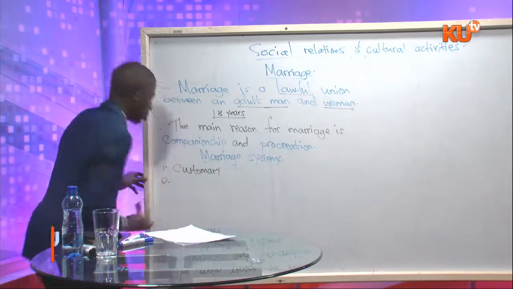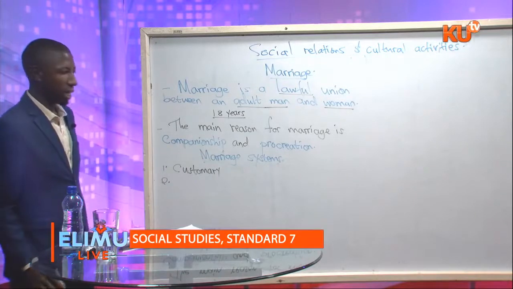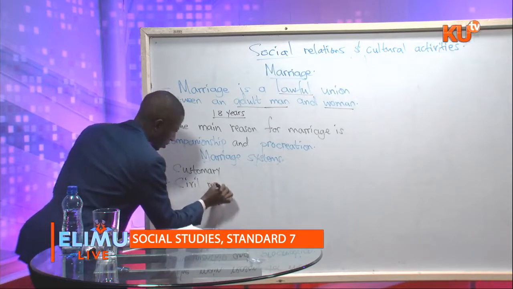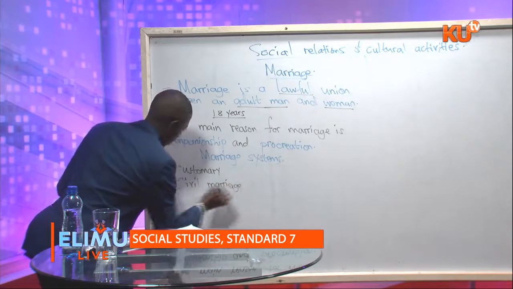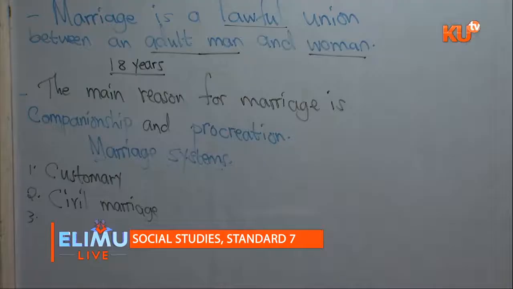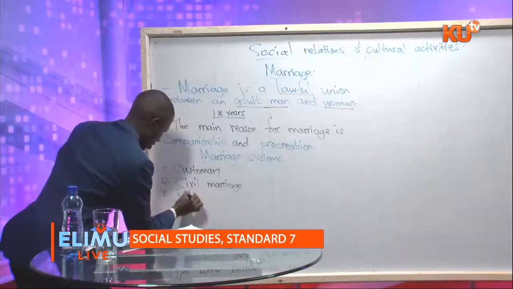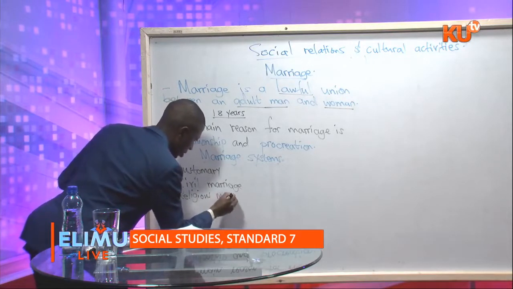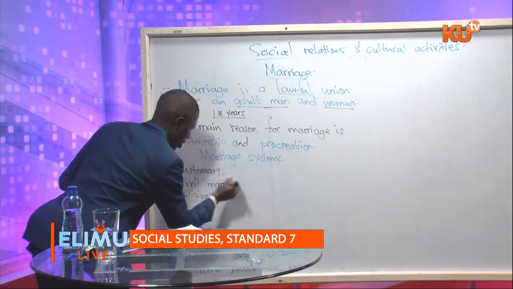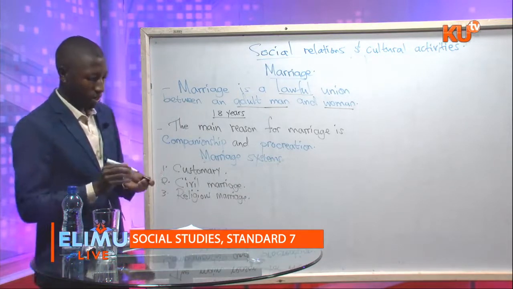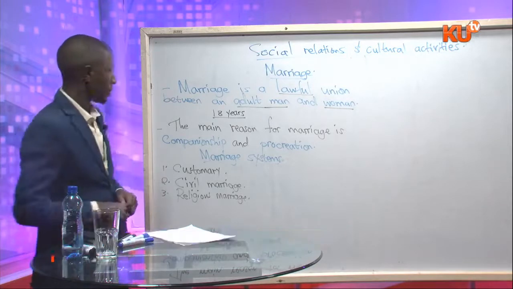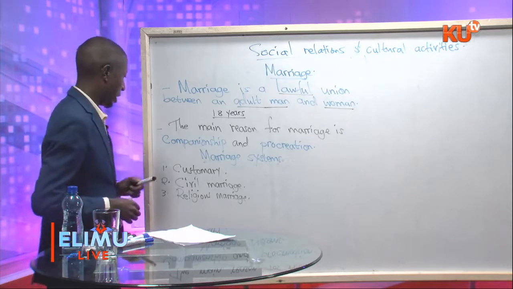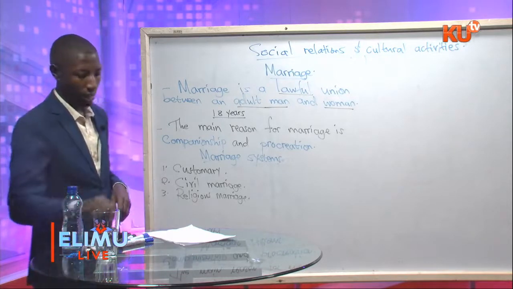Number two, we have civil marriage. And number three, we have religious marriage. So those are the three types of marriage that we have: customary marriage, civil marriage, and religious marriage.